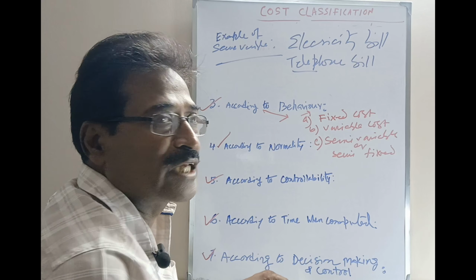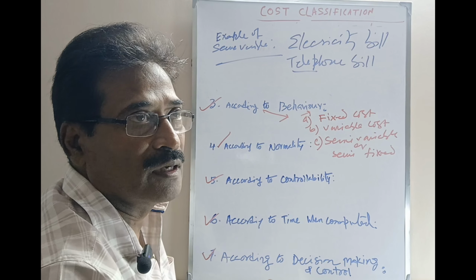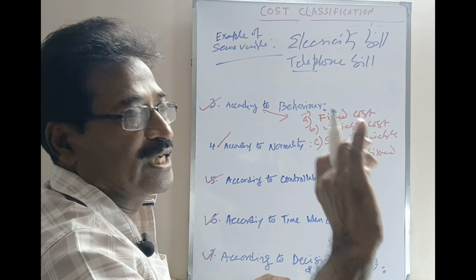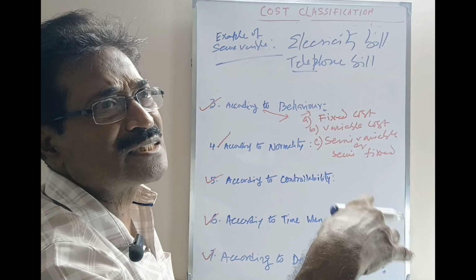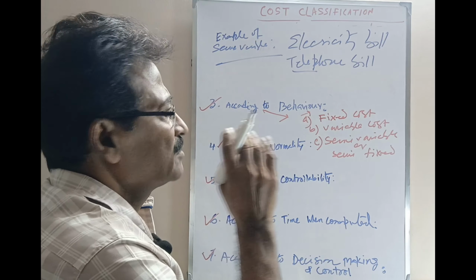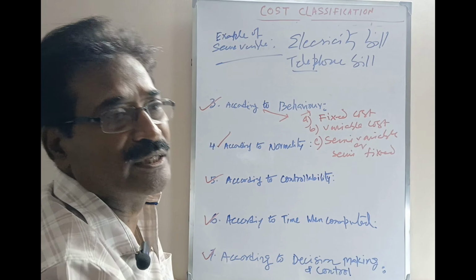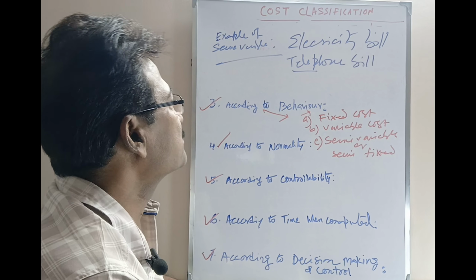Then salesman's commission: a fixed salary plus percentage-based commission, so a certain extent is fixed and certain is variable with the increase of volume of sales.